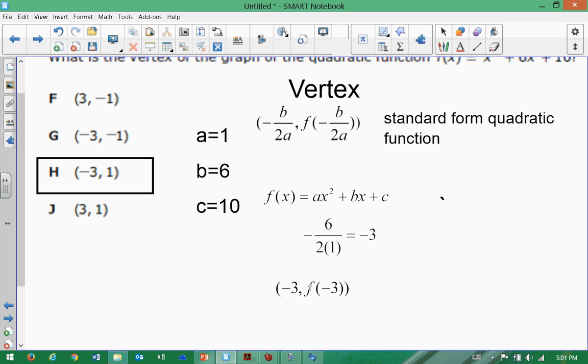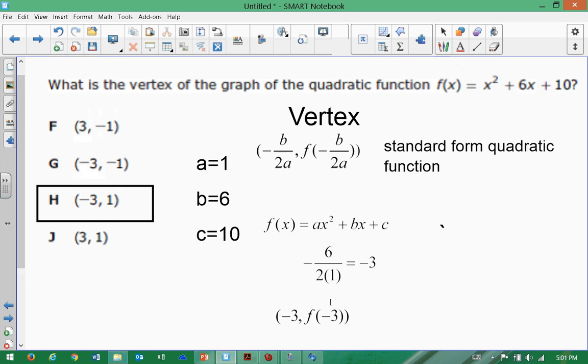So how do we know that f of negative 3 is equal to 1? We substitute negative 3 into this equation.